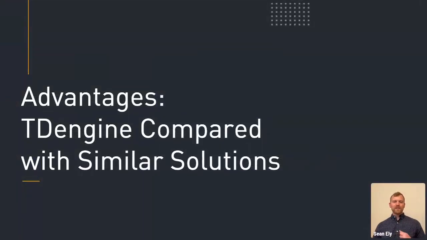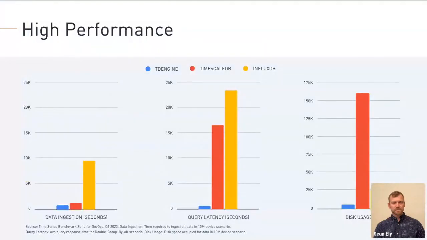So let's dive into a couple comparative advantages of TDengine compared to some similar solutions. TDengine recently did a benchmarking test based on the industry standard time series benchmarking suite. And TDengine outperformed its competitors by an order of magnitude. In terms of ingestion, TDengine was up to 10 times faster than InfluxDB.